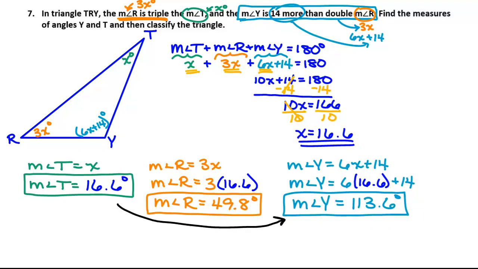All right, now we need to classify the triangle. Are any of these angles the same size? No. We have no congruent angles. So that means we have no congruent sides, which means this is what kind of triangle if none of the sides are congruent? Scalene, yes. And now we have to classify it based on the angles, right, acute, or obtuse. Are any of the angles 90? Then it's not a right angle. Are any of the angles bigger than 90?